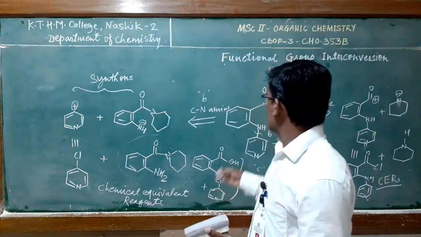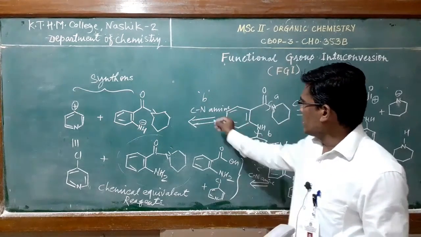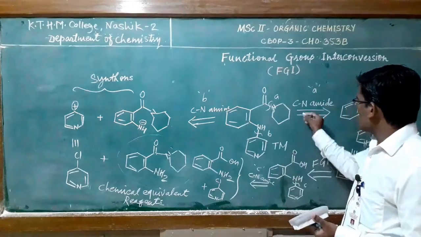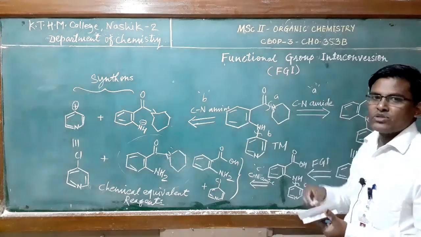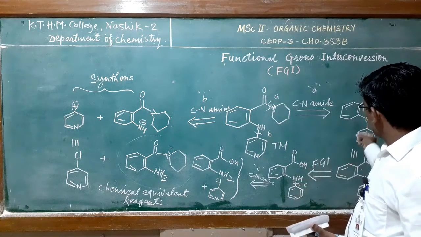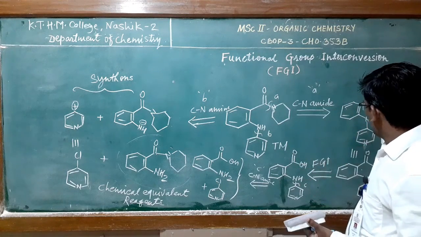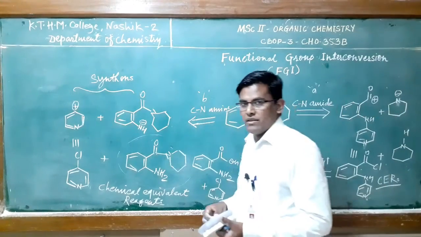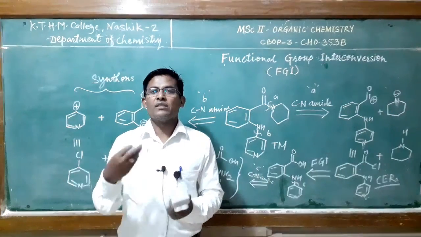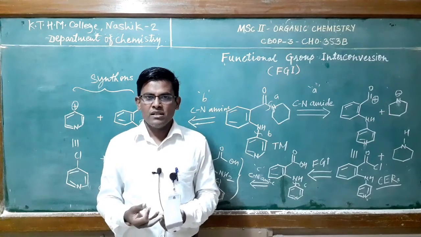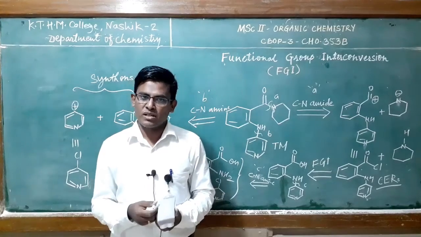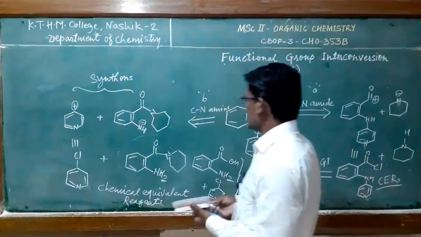In this analysis, route B has a chemoselectivity problem, and even this A has a chemoselectivity problem, but after this disconnection we applied the FGI, converting one functional group to another functional group to facilitate the further suitable disconnection to get the simpler starting material. So this is how we have done the analysis.